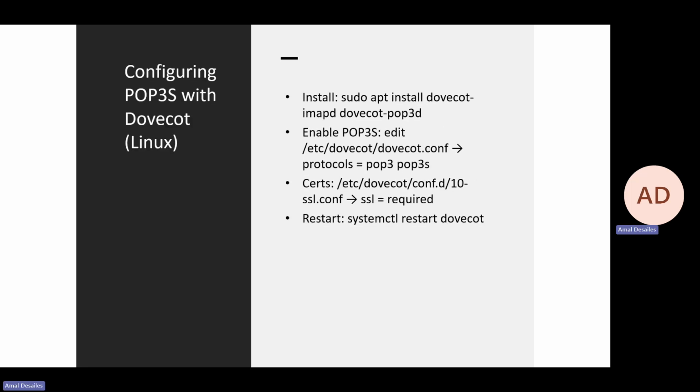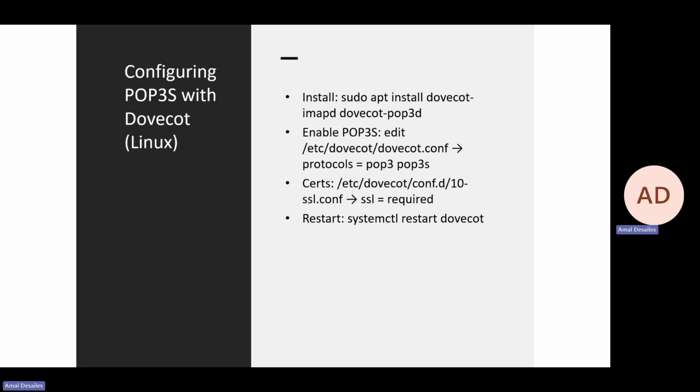Then, configuring POP3S with Dovecot. On Linux, we typically use Dovecot to provide POP3 and IMAP services. The configuration steps are to first install Dovecot using apt install dovecot-imapd dovecot-pop3d. Then edit the configuration file to enable the POP3 and also the POP3S protocols.